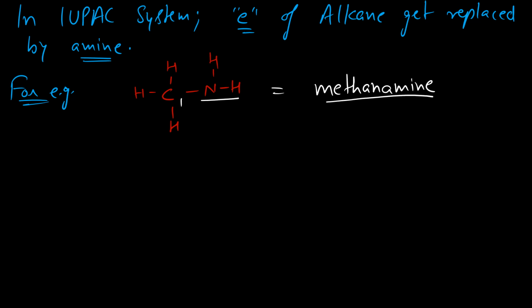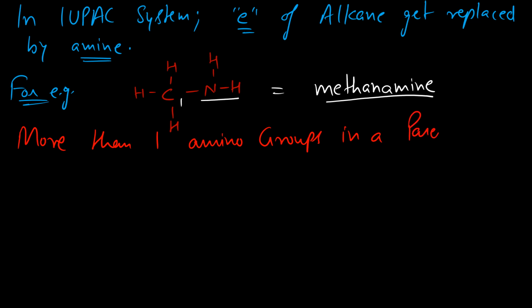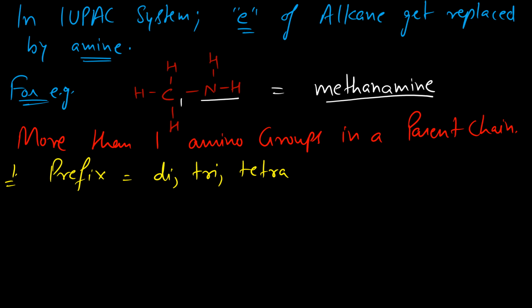Now let's see if we have more than one amino group in a parent chain, then what do we do? For that, we have to follow some steps. Very first, we have to use a prefix. Which prefix? Di, tri, tetra, by checking how many times the amino group is repeated.